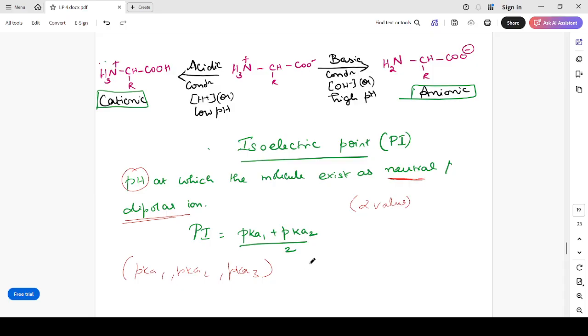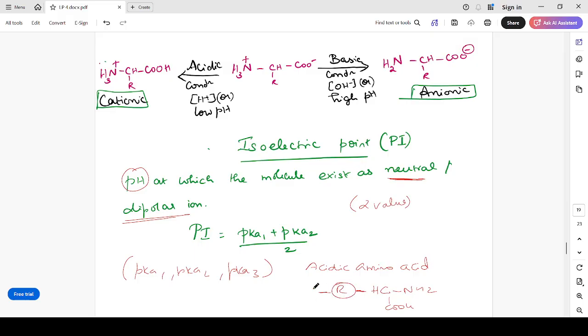If it is acidic amino acid, what do I mean by acidic amino acid? When I talk about an amino acid, basically amino acid will have this unit. This is the major unit. Now here some R could be there.